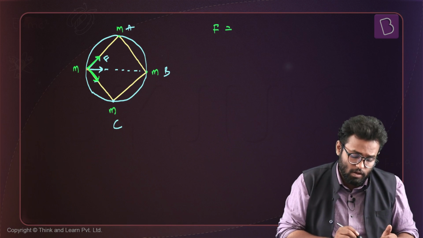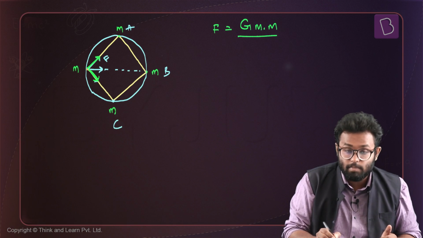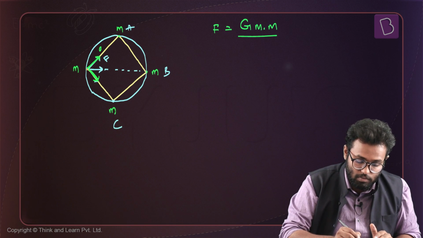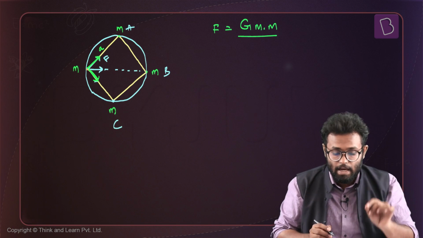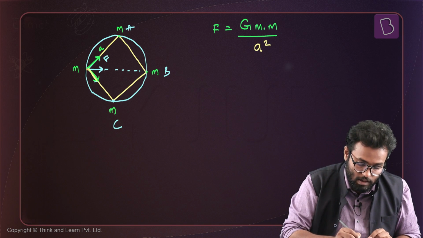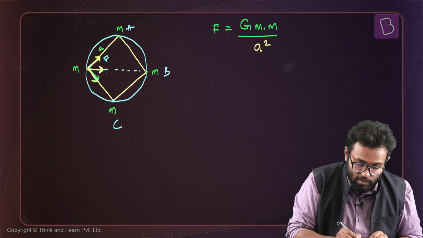That force F will be equal to G m1 m2 by R square. So R is the distance between the masses. In this case, that is A. So this becomes G m m by A square, right? And that's the same force here and here. What is this force though? That will be, let's call this F dash.